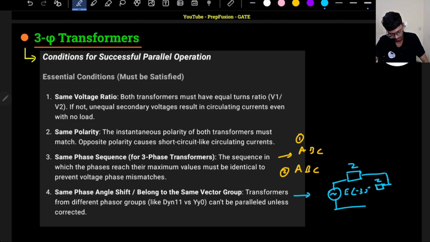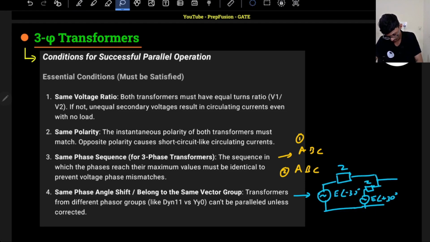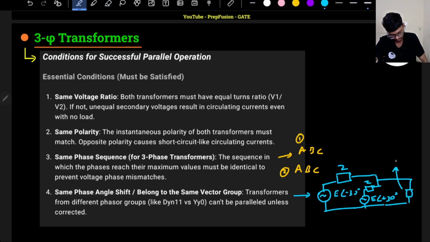Here this will be some Z value, and this will be some angle E angle plus 30. Okay, so this will be ZL. Okay, so already explained, right?